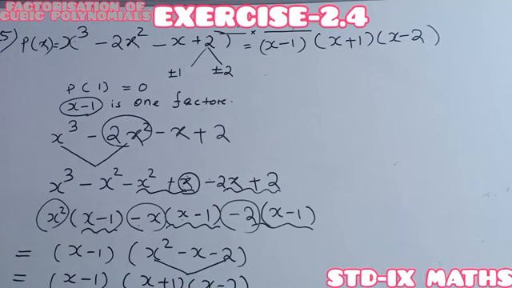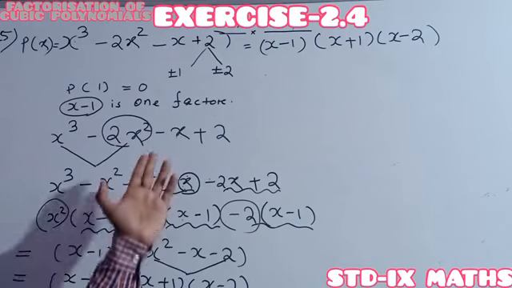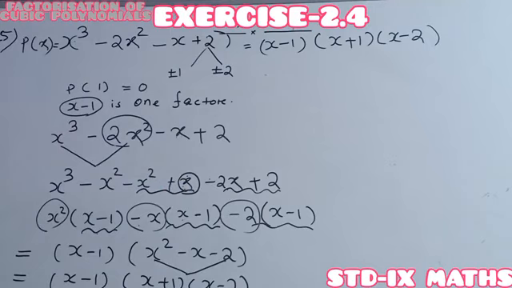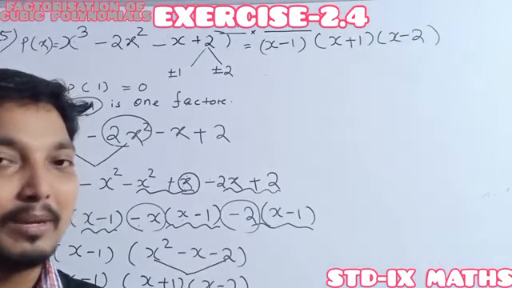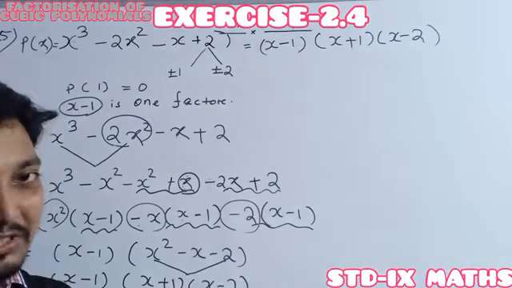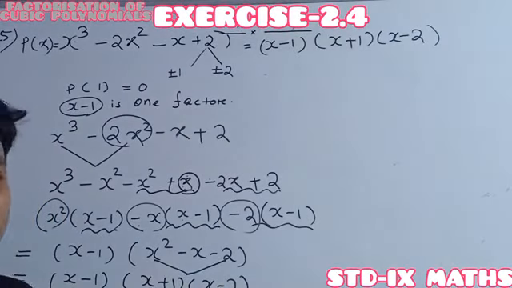Just tell me which one is easy for you. Okay, so just like we have done this one, then for the third and fourth also I am planning to do it in the same way, so that you will get more idea to do the factorization of the cubic polynomial much more quickly, and less time will be consumed. Understood or not understood? Just wait so that we can do the next question. Okay.